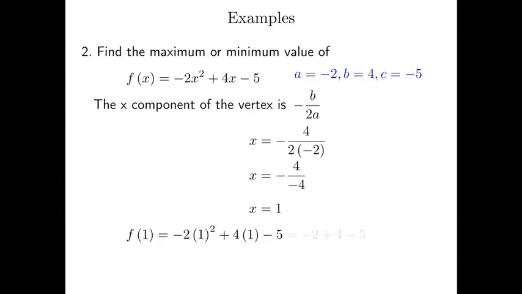As we simplify, we're going to get something a little nicer. So it turns out that f of 1 is equal to -3. So since the a value is -2, it's negative, it's less than 0, we know that we're opening downwards, so we have a maximum value. So the maximum value of this function is -3.